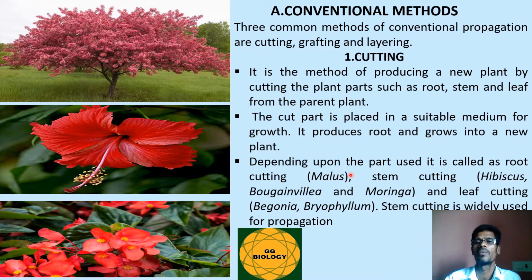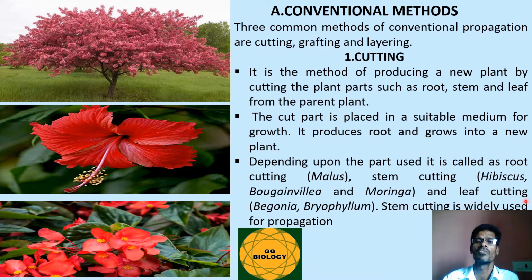Depending upon the part used, it is called root cutting, as in the case of malus. This is the malus plant, whereby the root part may be cut and grown into a new plant. And stem cutting, as in the case of hibiscus, bougainvillea and moringa. Hibiscus is shown here. The stem may be cut and from the stem part the young plant can be grown.